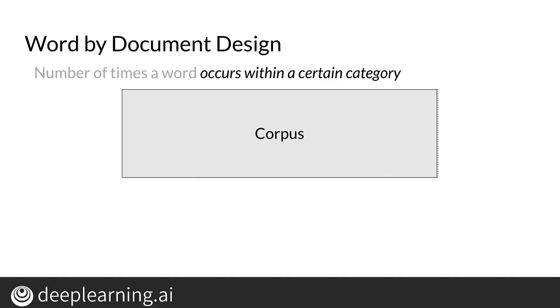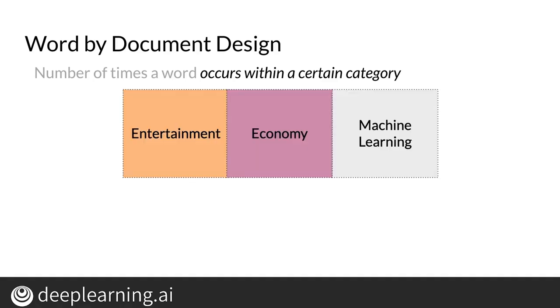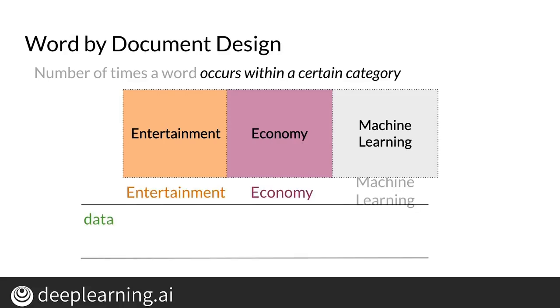For instance, you could have a corpus consisting of documents between different topics, like entertainment, economy, and machine learning. Here, you'd have to count the number of times that your words appear on the documents that belong to each of the three categories.